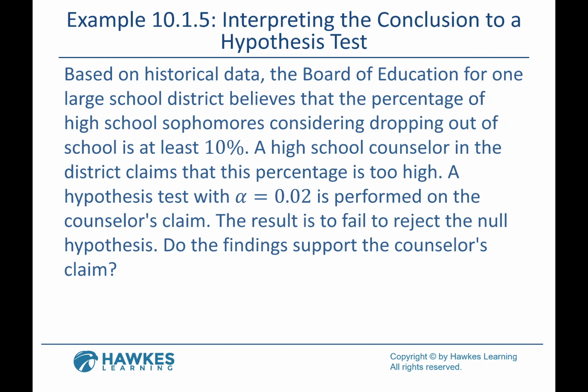So if the counselor thinks that 10% is too high, what's the counselor claiming about the percentage? Less than 10%. So I accidentally put my blank slide the wrong direction here, sorry.